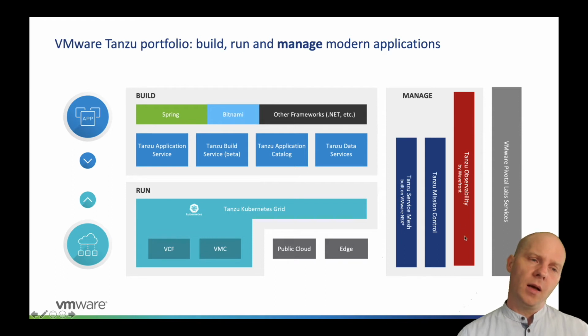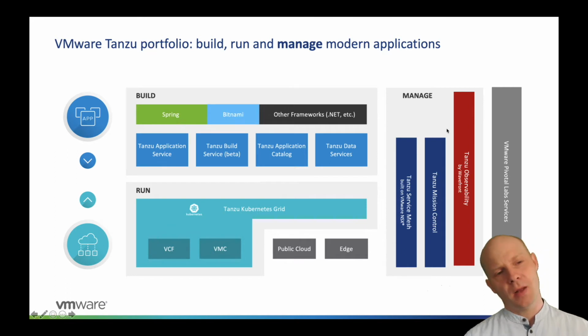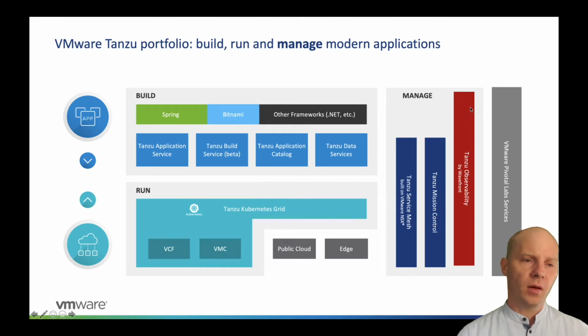So the Tanzu Observability tooling is part of the Tanzu Portfolio. That means there are integrations, and it's a good idea to use it with that, but it is not tied to the Tanzu Portfolio. You can use our Tanzu Observability with almost anything that has an API, and we have lots of integrations. I'll talk to you about that in a second. So it spans much further than just our portfolio.